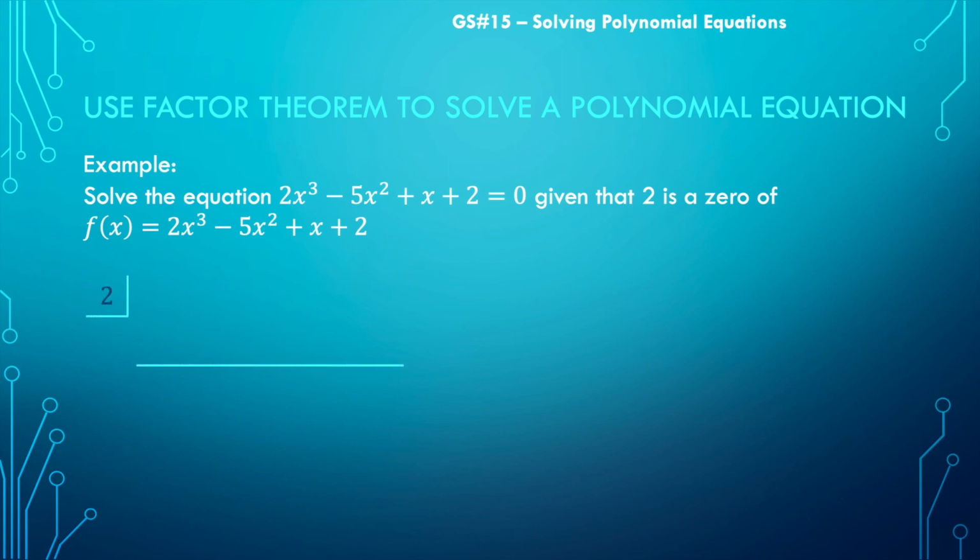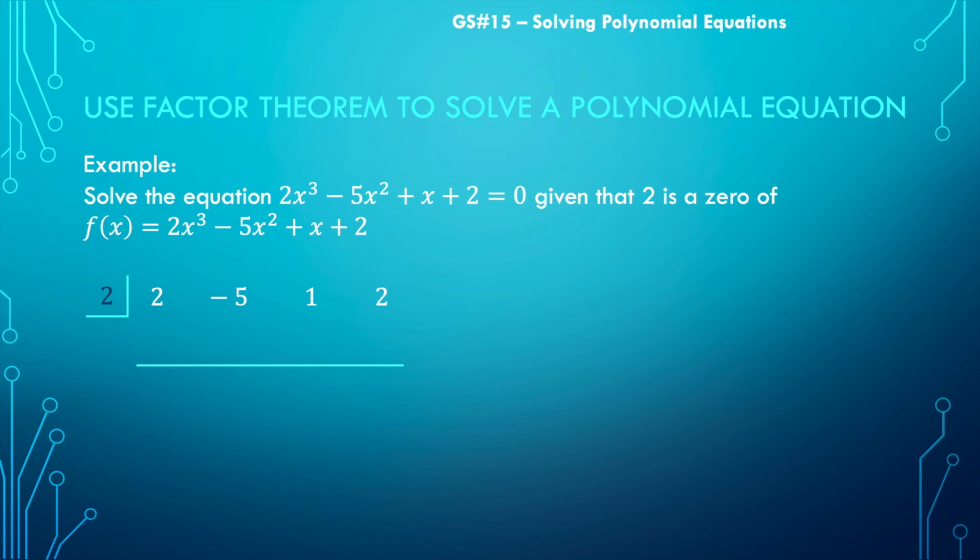So let's do that. Let's divide out x minus 2, and we'll use synthetic division with 2 as our entry in the box. Remember to check that our polynomial is in standard form and we're not missing any pieces. We can just pull the coefficients.